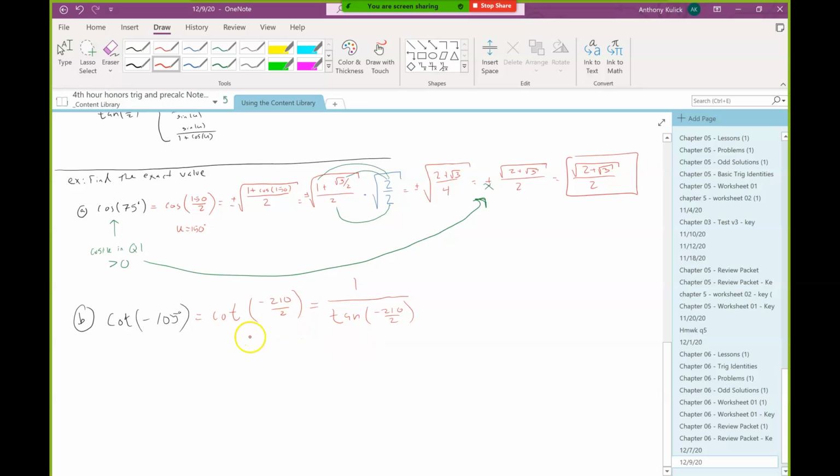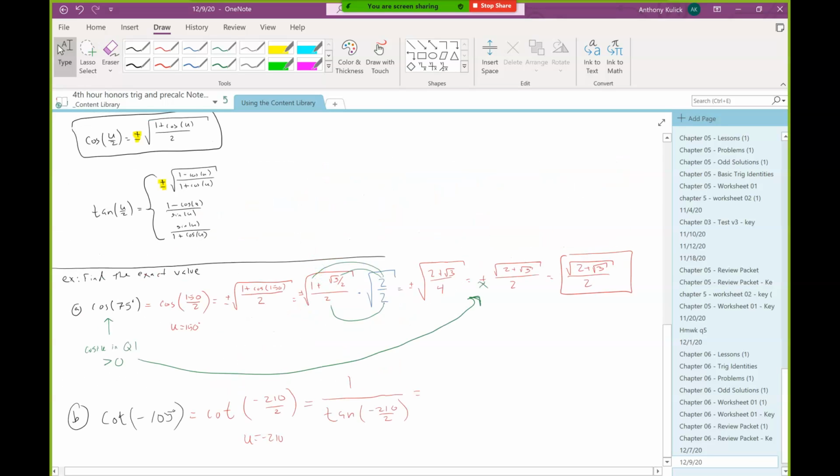So here I can see that my u is negative 210. And then I'm going to use one of my double angle identities for tangent, and I'm just going to make it a reciprocal. So the one I'm going to choose to use is this one. Notice that I'm going to write it as a reciprocal.